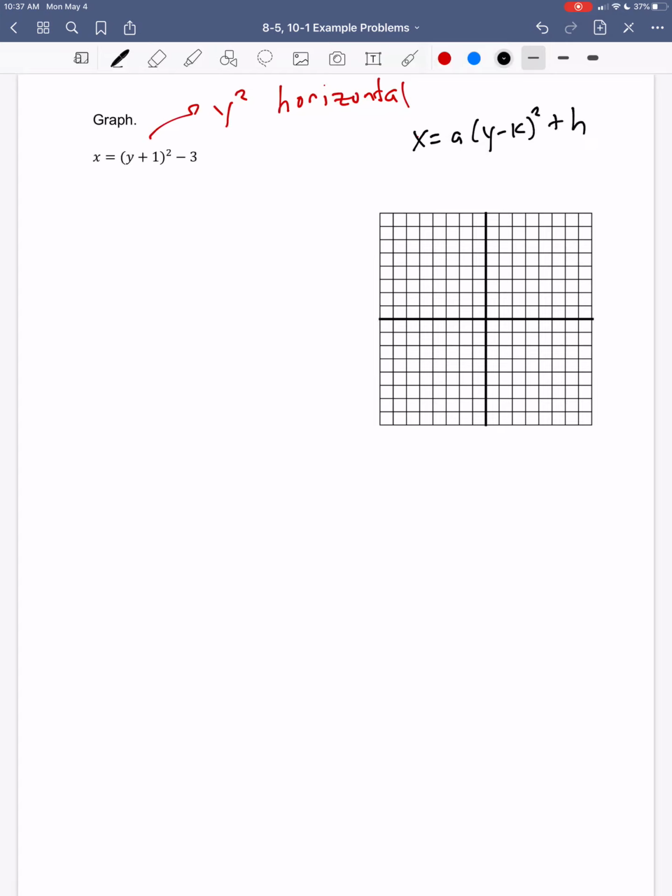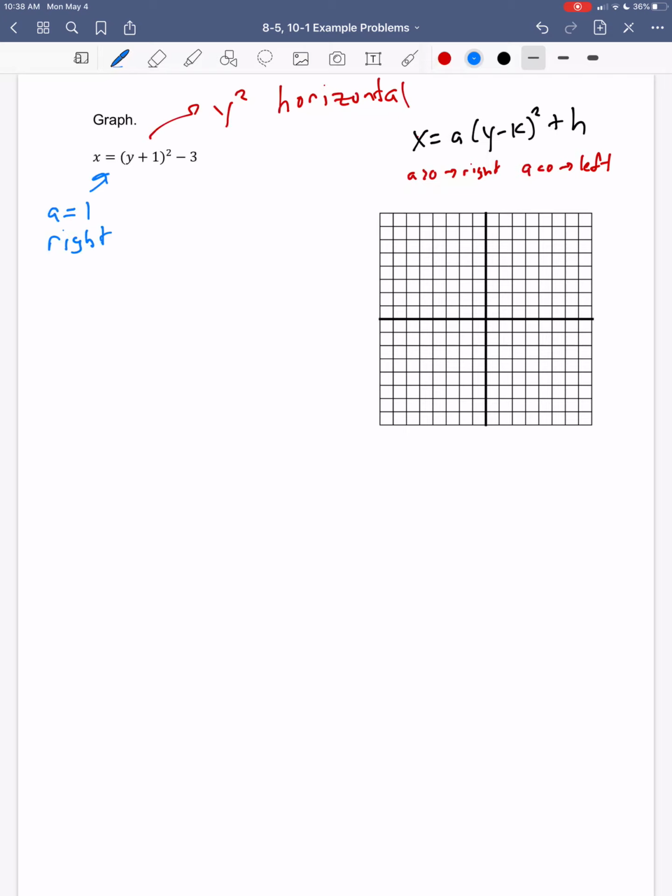And so in this a value, instead of opening up or down, it's right or left. If a is greater than 0, it opens to the right. If a is less than 0, it would open to the left. And so what I see here, a = 1, so this parabola is going to open to the right.